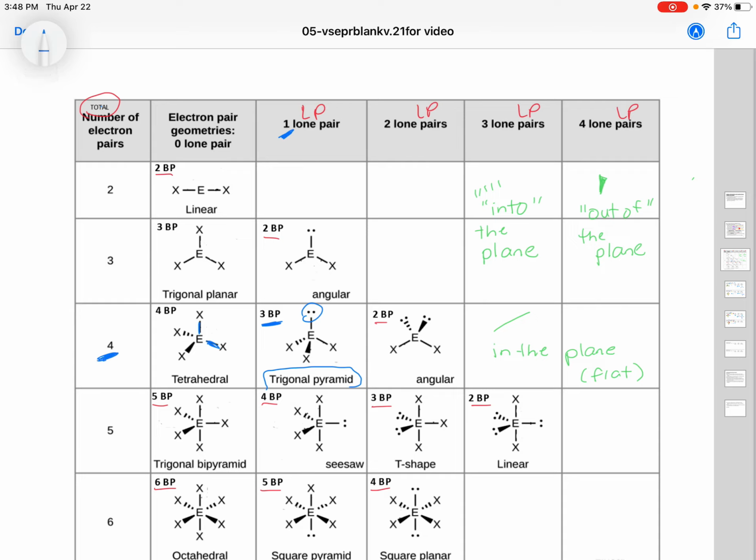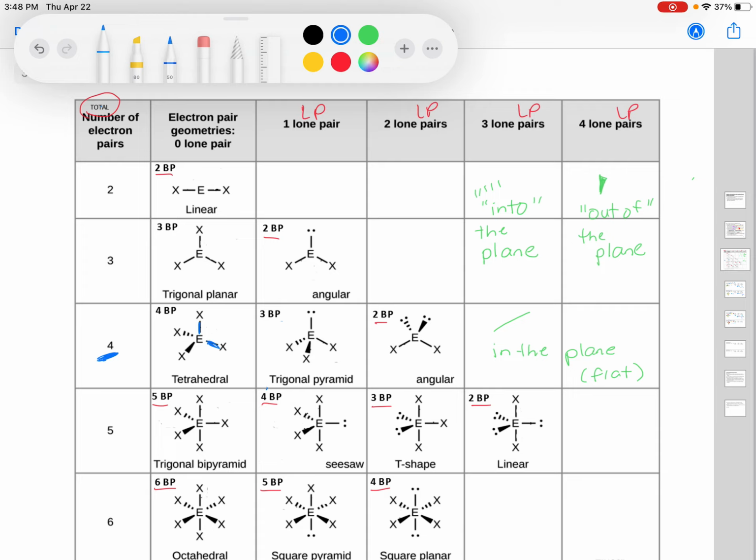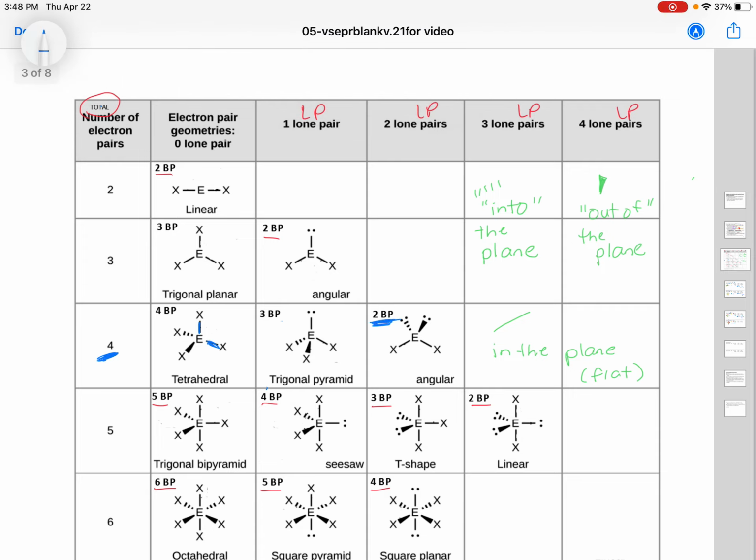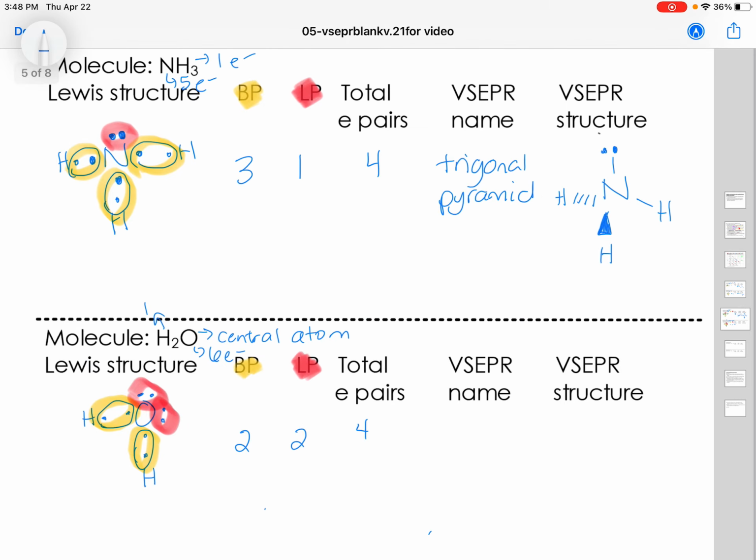So we're still in the 4th row on our VSEPR chart. But this time we've got 2 bond pairs, 2 lone pairs, so now it's angular. And again, not so symmetrical. At the top of the molecule are the lone pairs, and then the 2 atoms at the bottom are repelled from that big electron density of the lone pairs.